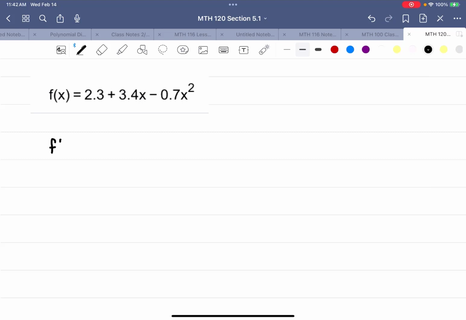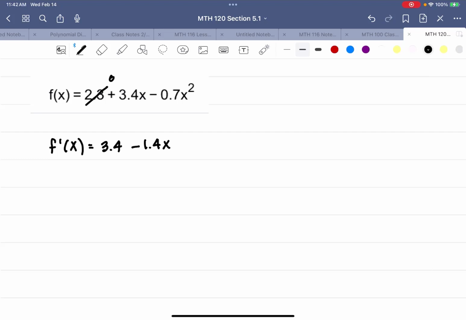Don't have a graph, so I'm going to take the derivative. The derivative of 2.3 is 0. The derivative of 3.4x is 3.4. The derivative of minus 0.7x squared is minus 1.4 times x. That's just your power rule.